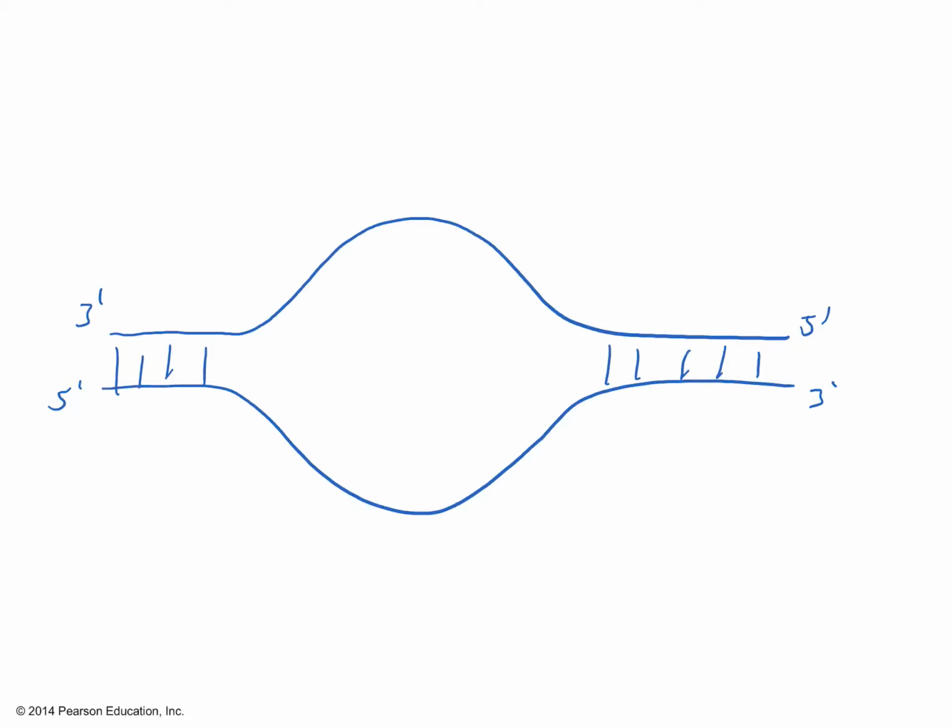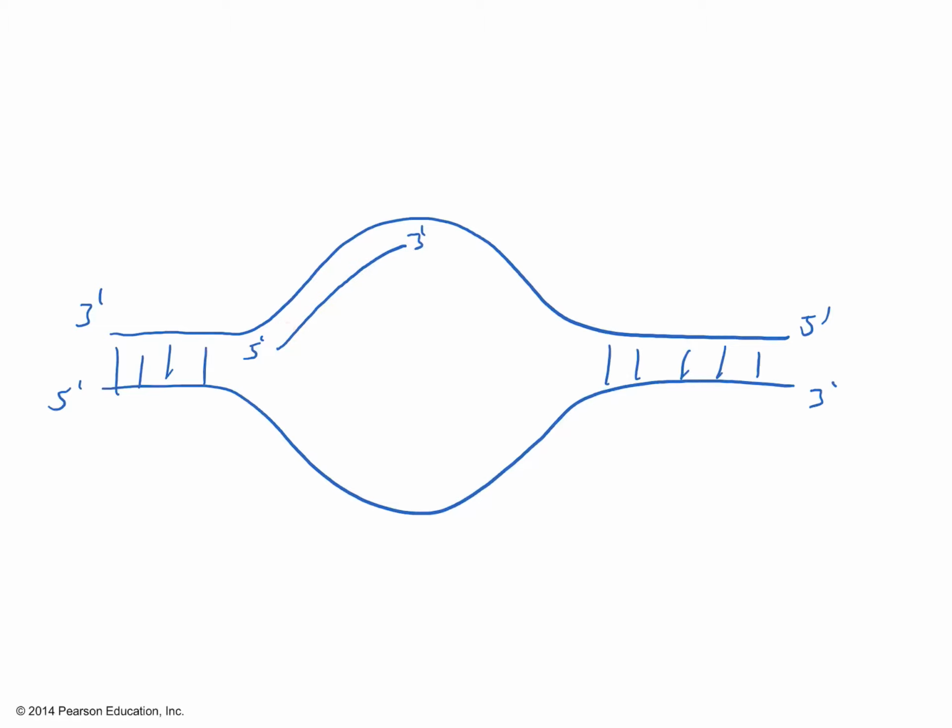So let's say that we have a strand of DNA being built right here, a daughter strand. If this is our 3' end, and that up there would be the 5' end, that makes this what? That makes this the 3' end, and that the 5' end on that daughter strand, all right?